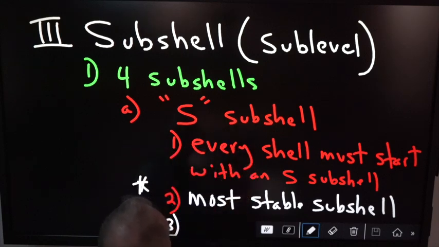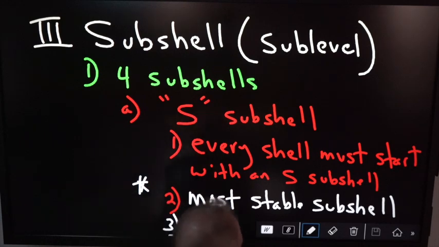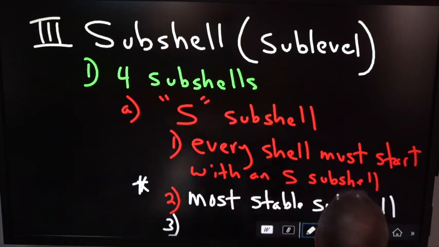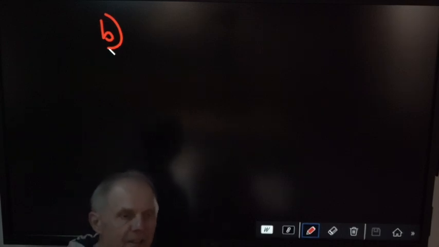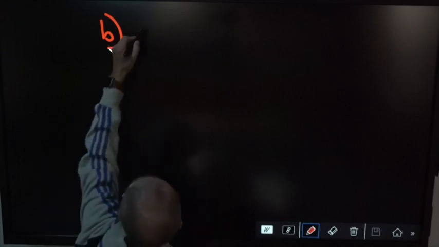So that A is the S subshell. Now we're going to put down letter B. And letter B, like I said, A, the first subshell is the S. Letter B, the second subshell is the P subshell.